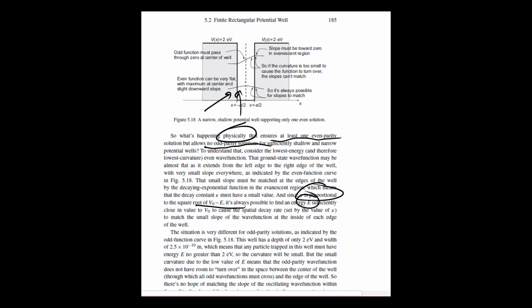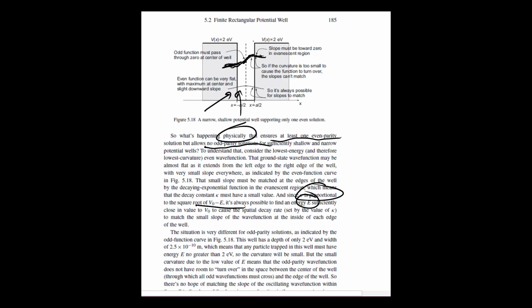But in the odd case, if this is very flat in the evanescent region, it's got to match that slope within the well. If it's reasonably flat at the boundary, it's got to go through 0 because it's got to have an opposite sign on the right side and the left side. So it's got to have enough curvature to go through 0 and then flatten out at the top.